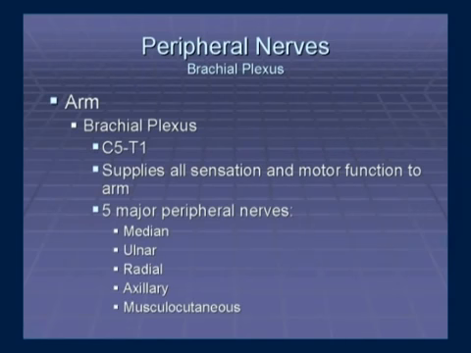This is all the sensory and motor function of the arm. There are lots and lots of nerves that come off of the brachial plexus, too many to talk about for the purpose of this talk, but the 5 major nerves that go down and innervate the arm, innervate just means supply function to, are the median, ulnar, radial, musculocutaneous, and the axillary.